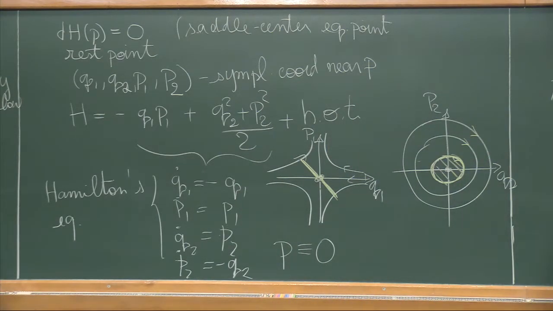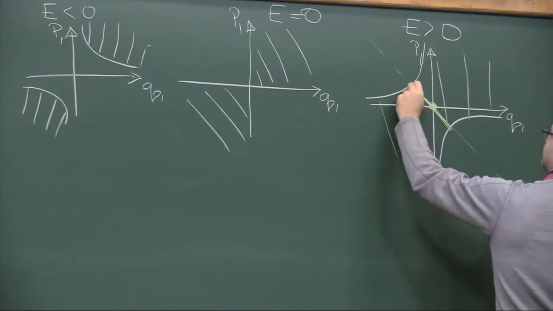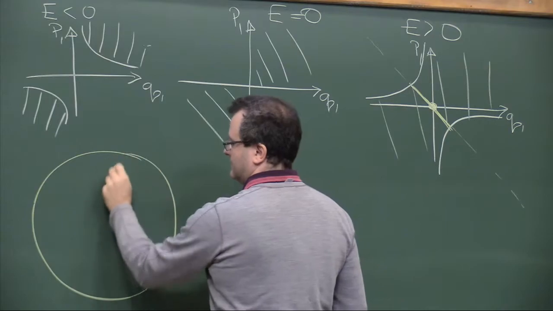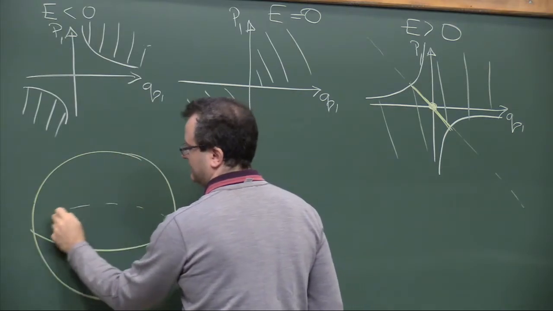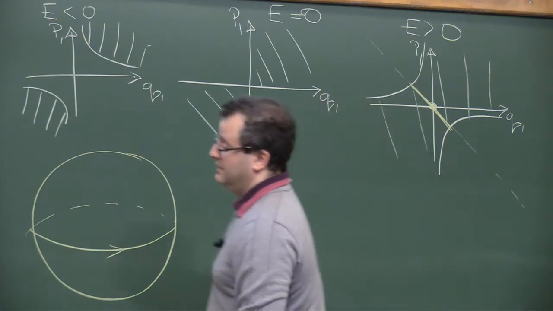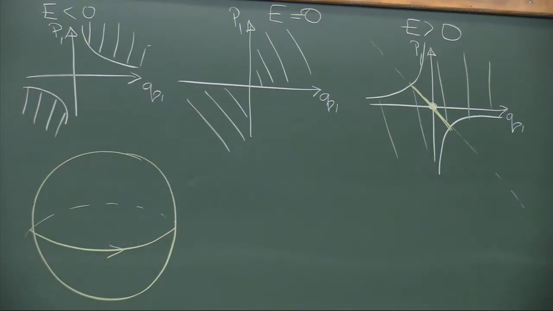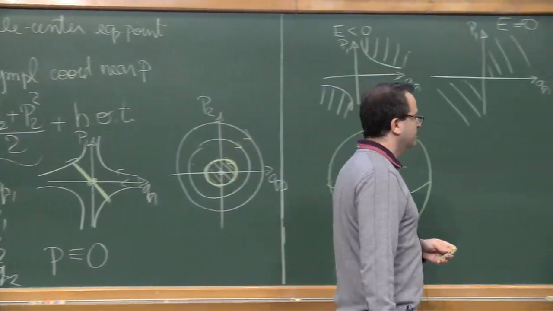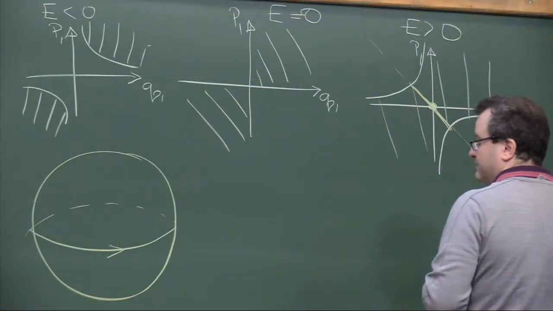So this slice here corresponds to a two-sphere, the belt sphere, with this periodic orbit, which is the Lyapunov orbit, which is hyperbolic inside that energy level.